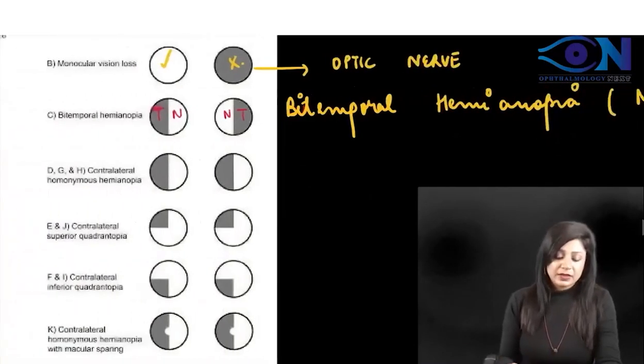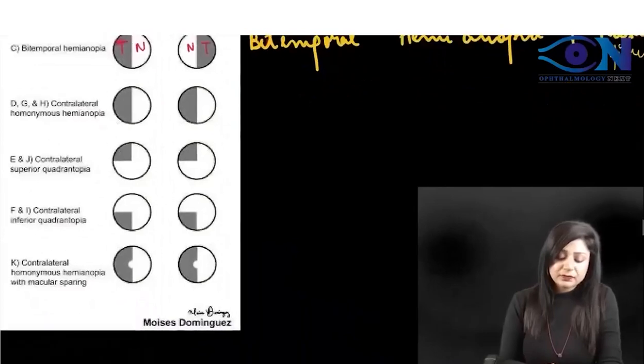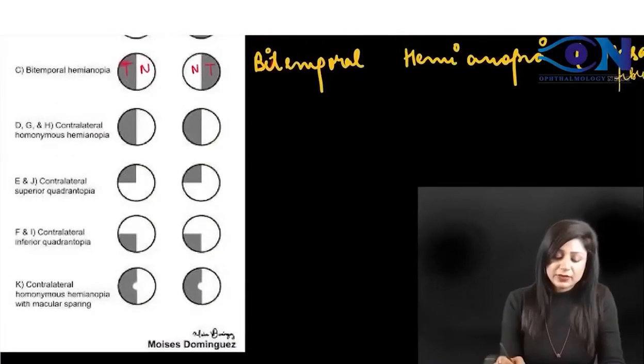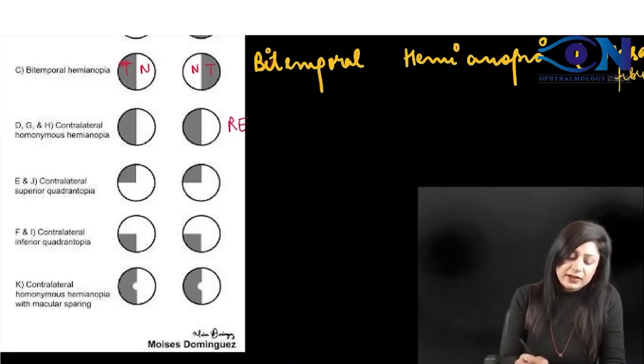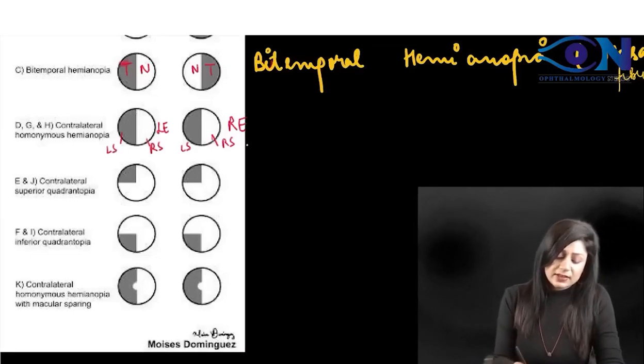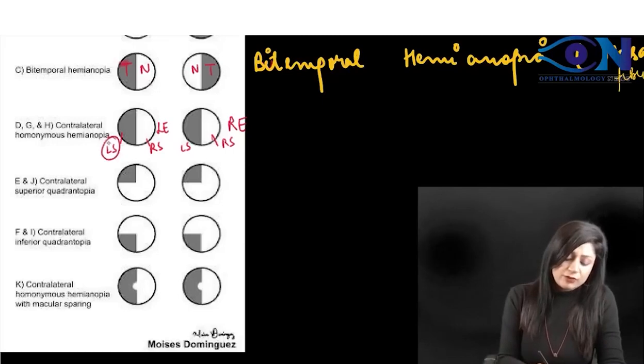Next, you can see the same sides of both the eyes. This is the right eye field and this is the left eye field. So you can say that it is the left side of both the eyes which are getting affected.